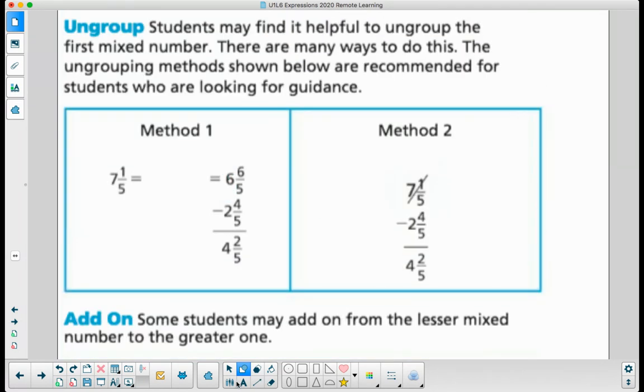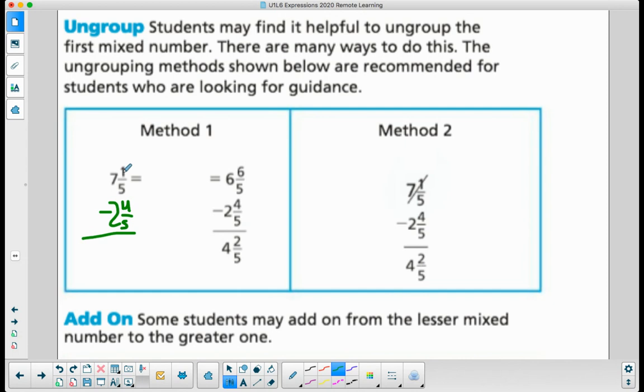So what's going on here is they are saying, hey, when I'm subtracting 2 and 4/5, to take 4/5 from 1/5, I would go into the negative fifths. Don't usually want to go into the negatives. Where am I going to get some fifths from? I'm going to get some fifths from my whole.